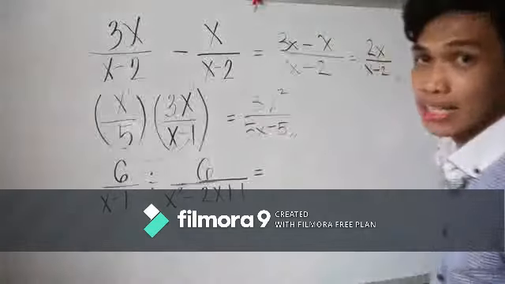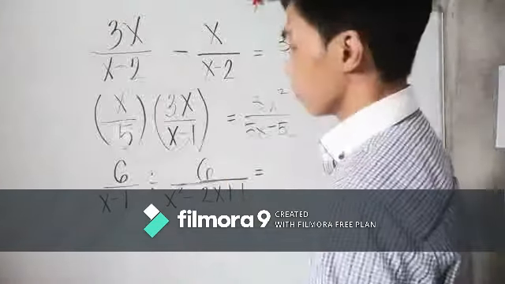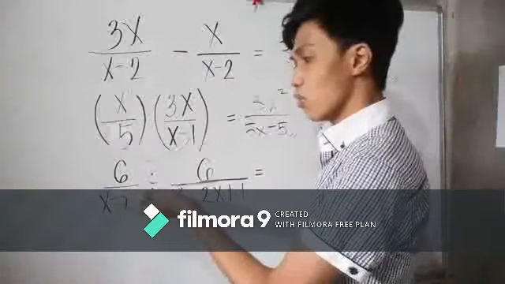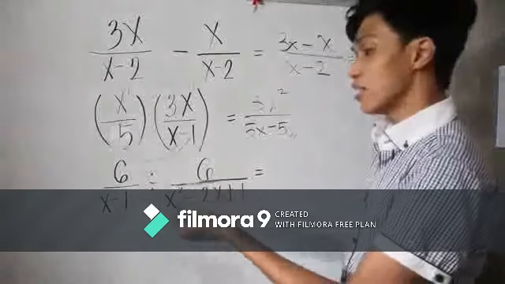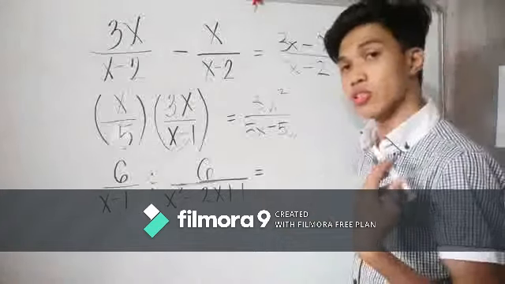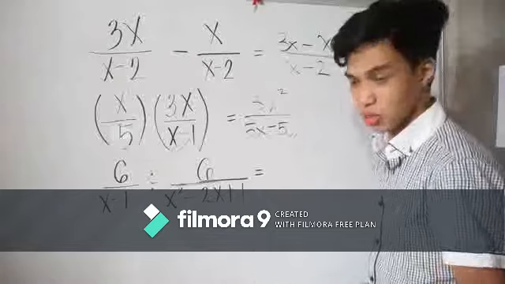Let's go to the last one of my examples for learning task number 2. Let's have this one: x over x minus 1 divided by 6 over x squared minus 2x plus 1. The operation to be used will be division.